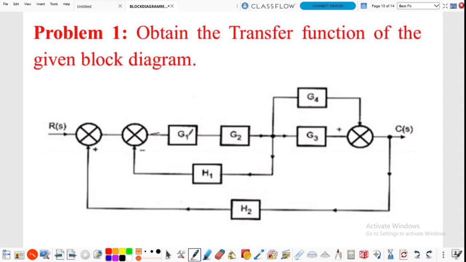Here we observe that the G1 and G2 blocks are cascade blocks. So first eliminate these two cascade blocks. These two cascade blocks can be represented as a single block. So the equivalent diagram is as follows.